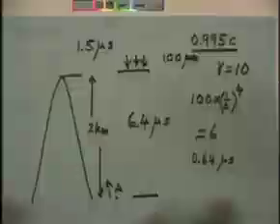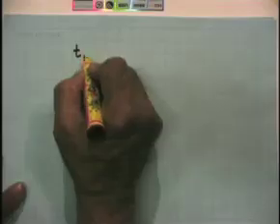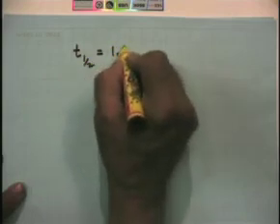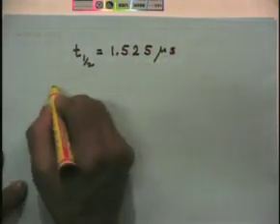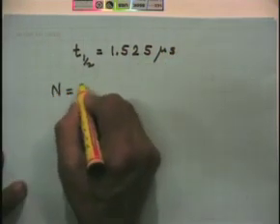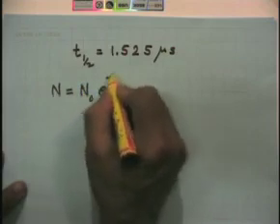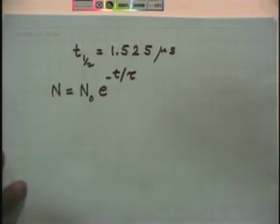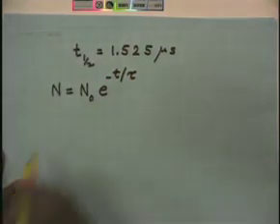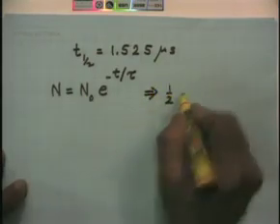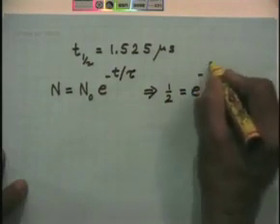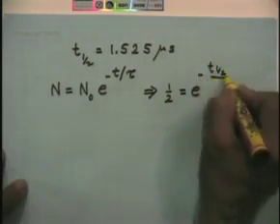So, the actual experiment was something like this. As I told you, the half life of the mu-meson is about 1.525 microseconds. Now, they follow the law of radioactive decay, so n is equal to n0 e to the power of minus t by tau. Tau is known as the mean lifetime. When n becomes half of n0, this will be e to the power of minus t half, the half life, divided by tau.